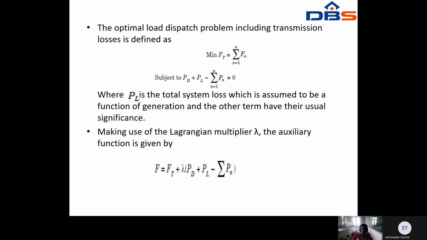Making use of a Lagrangian multiplier lambda, the auxiliary function is given by F equal to FT plus lambda into (PD plus PL minus sigma of Pn).